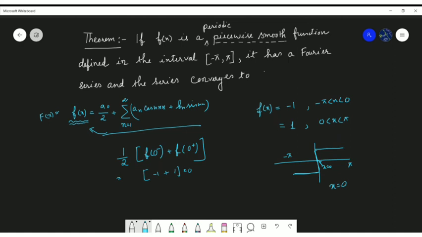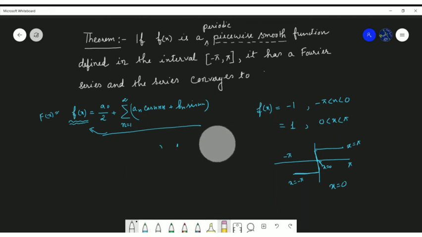But what is happening here at x equal to pi and x equal to minus pi? These are endpoints.